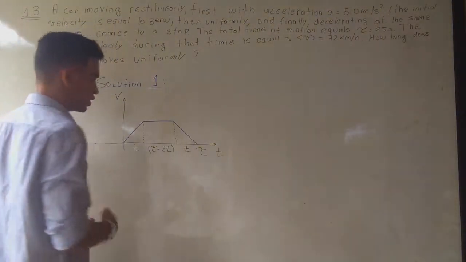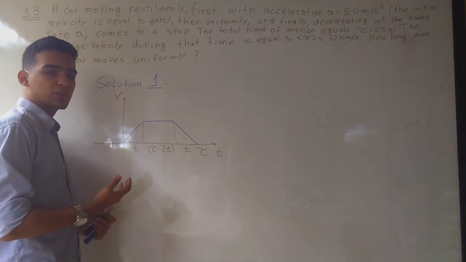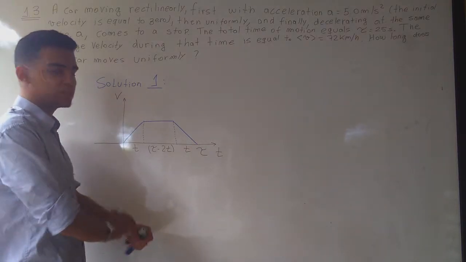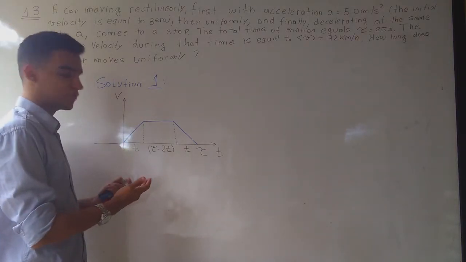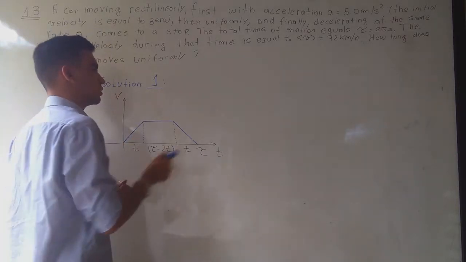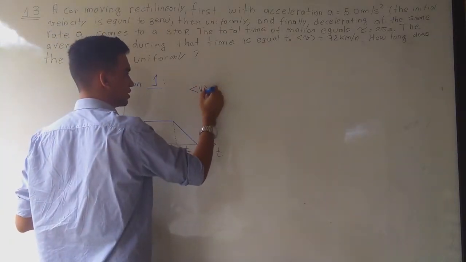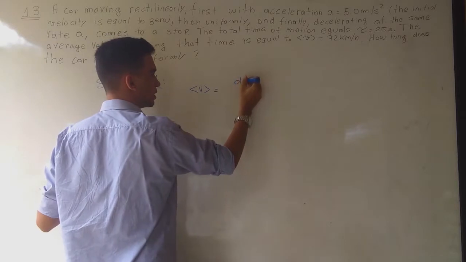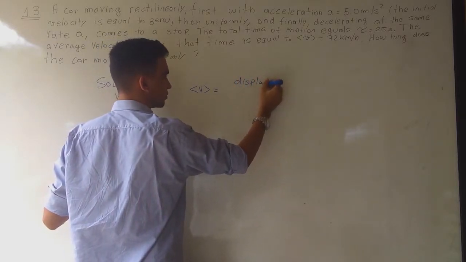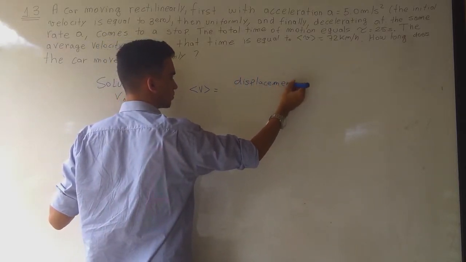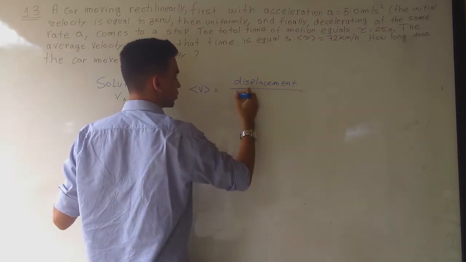So, this one we are going to do by the concept of average velocity and analyzing this graph. We know that the average velocity is equal to displacement upon total time.